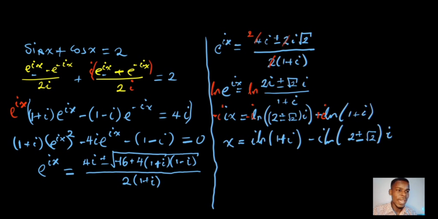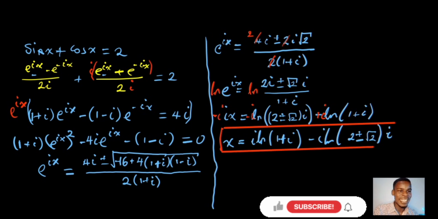That's why we have i here, this one leads to that, then this one leads to this side, and that is the value of x that will make that equation possible. And of course it is complex, and I don't even know how to think of this value, sincerely. I don't know how to think of it, but hopefully that's it.